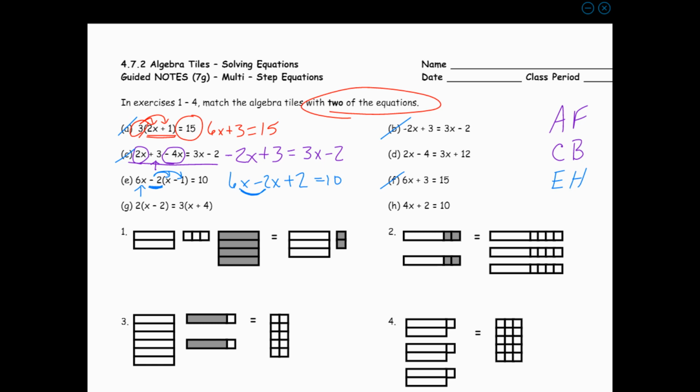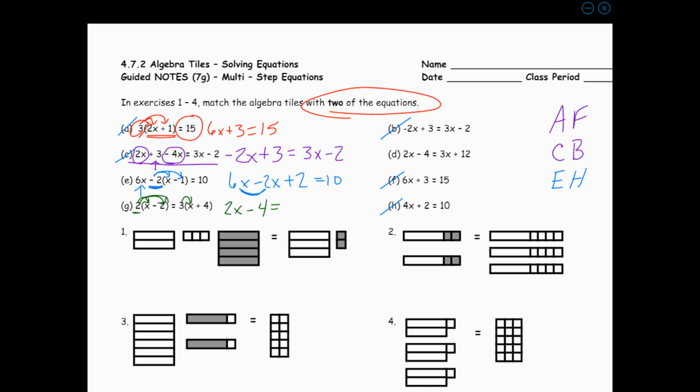So G and D, you think match? There's only ones left, but let's double check and make sure. This 2 gets multiplied to everything in the parentheses. So 2 times x is 2x, and 2 times negative 2 is negative 4.